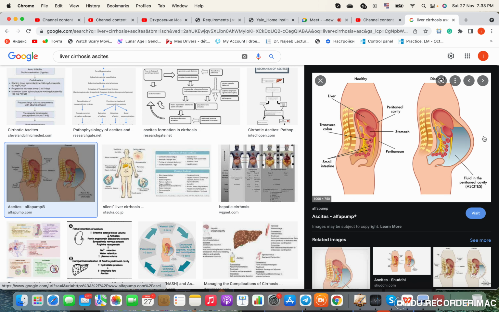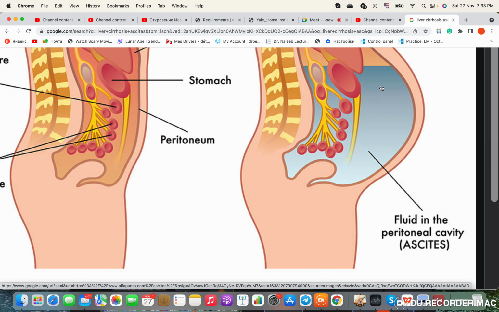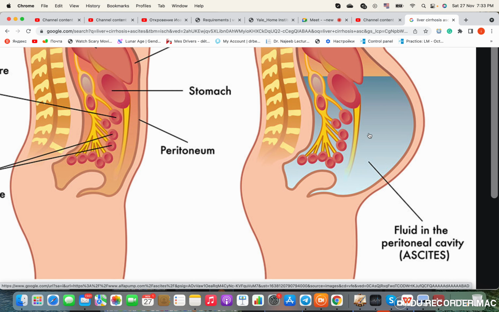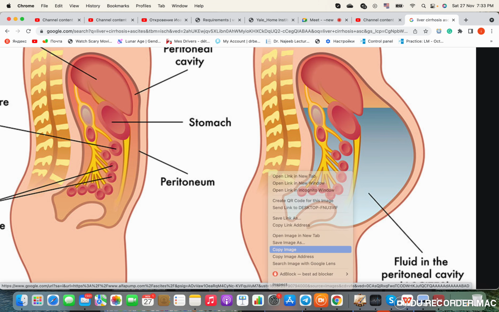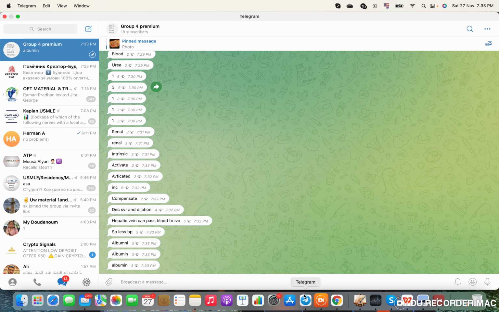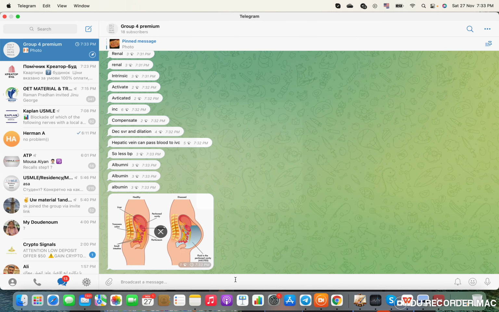Albumin. And with the portal hypertension, you will have something called ascites. Ascites is movement of the fluid from your vessels, basically, to your peritoneal cavity. That is going to reduce your circulating volume, from inside of your vessel to the outside of your vessel.